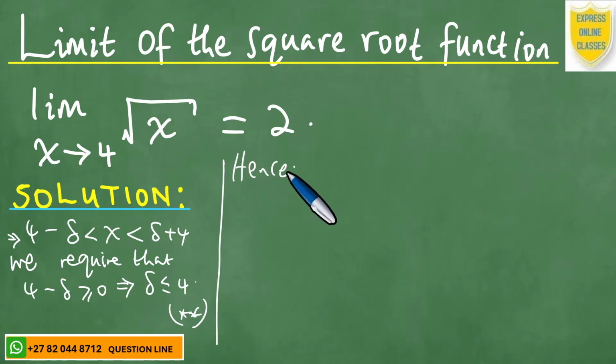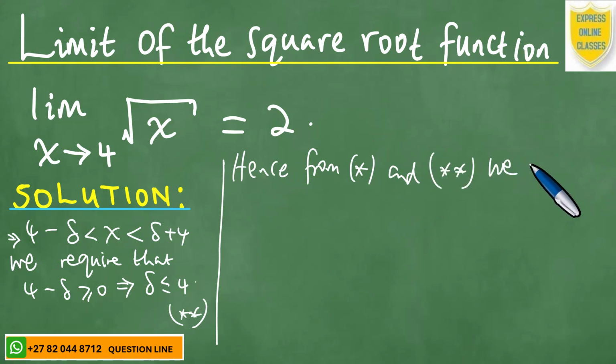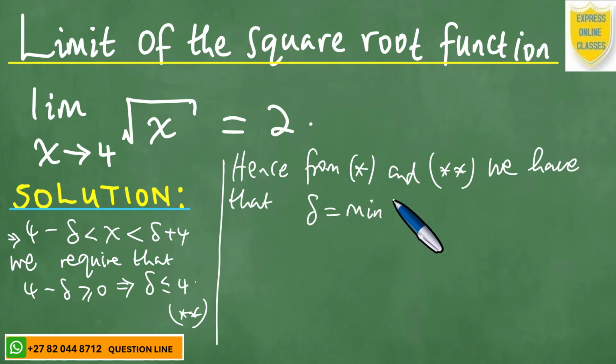Hence, from star and double star, we have that delta equals the minimum of the two things: 4 and epsilon. So delta is the minimum of 4 and epsilon.